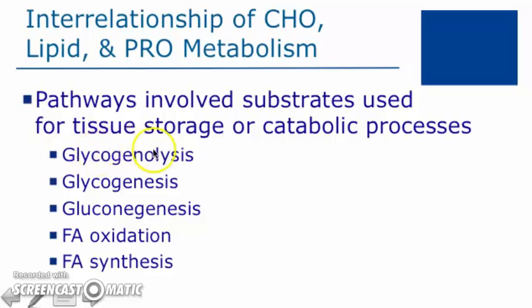We see glycogenolysis, glycogenesis, gluconeogenesis, fatty acid oxidation, and fatty acid synthesis, with the tissue storage processes being glycogenesis and fatty acid synthesis, and the catabolic processes being glycogenolysis, fatty acid oxidation, and gluconeogenesis being a conversion process from a non-carbohydrate substrate to glucose in instances of fasting or starvation.